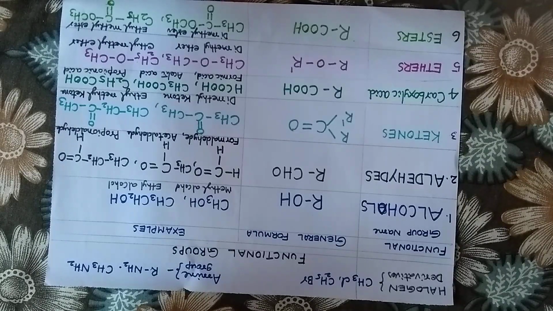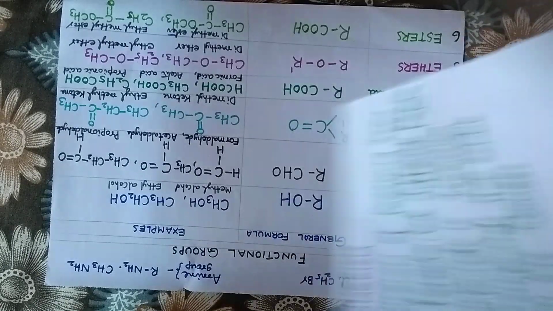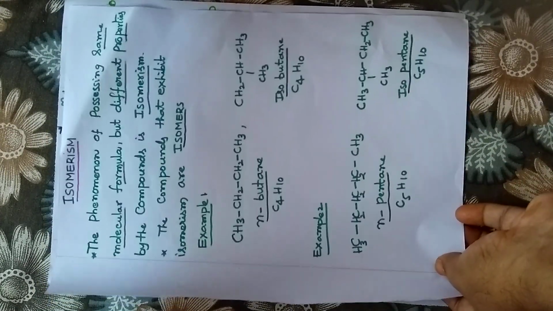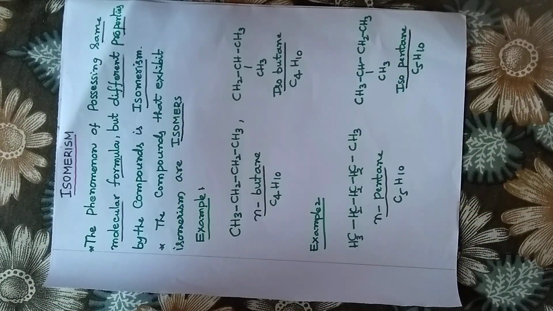The next thing, the last thing today, is a very important thing, that is isomerism. What is isomerism? This question is also asked in many examinations, right? The isomerism, isomers of butane. What is isomerism? Give an example in that way. What is isomerism?